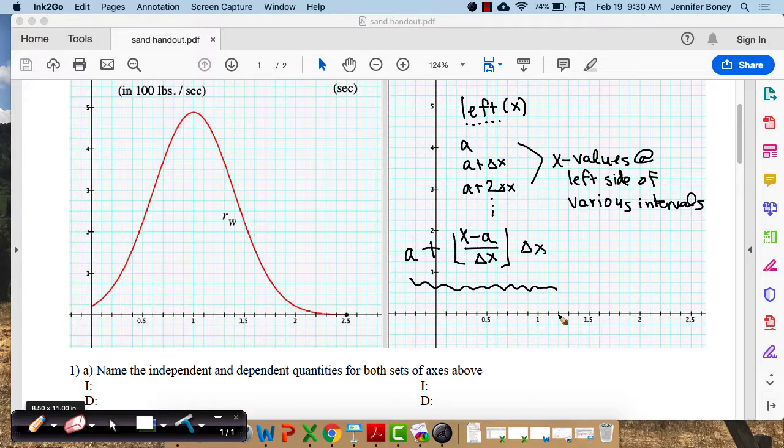But this expression here gives you an x value at the left end of the current interval because it starts at a and adds on a bunch of interval widths. How many? Whatever x minus a over delta x is. So we've gone past all of those. All right, so. Yes.